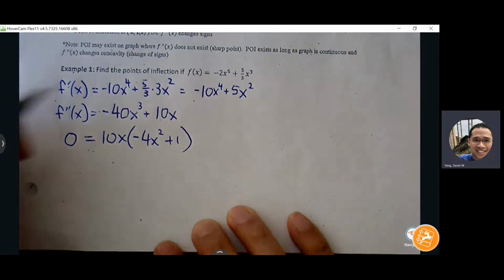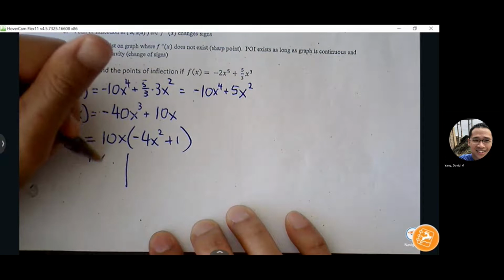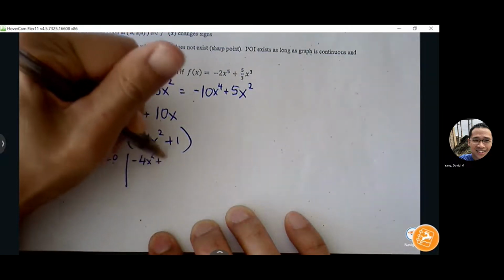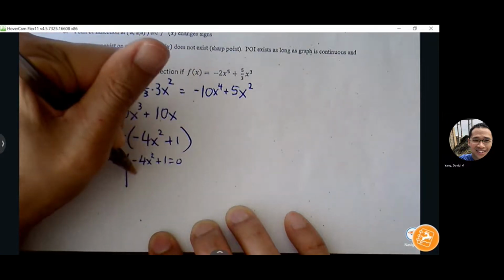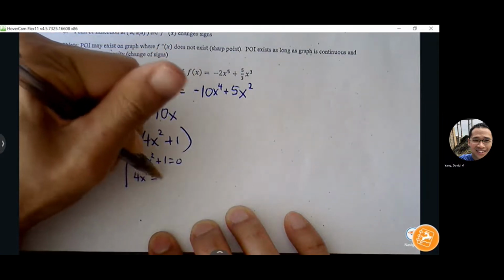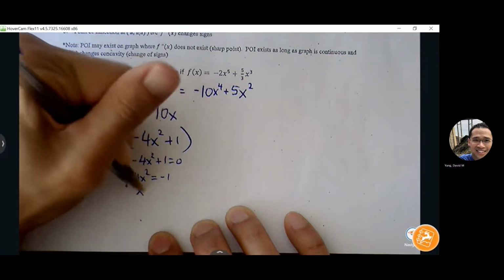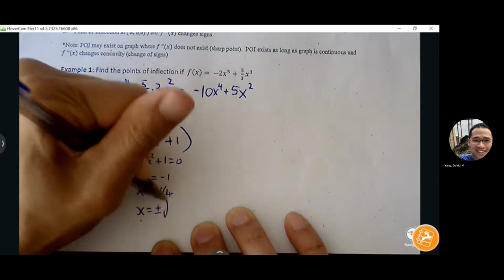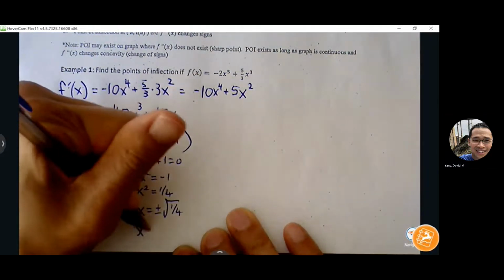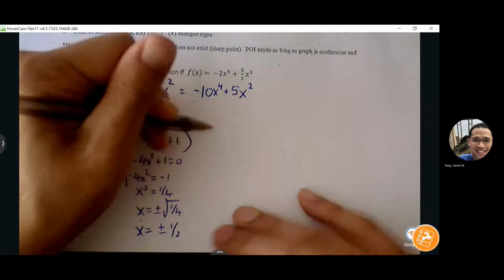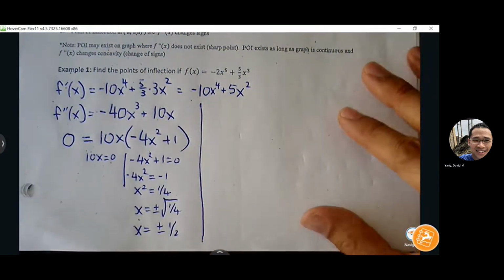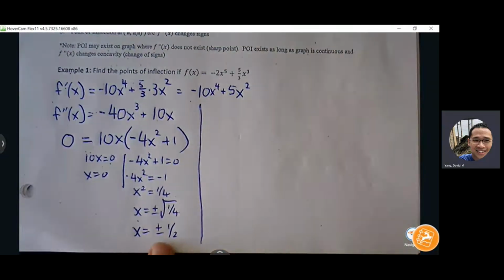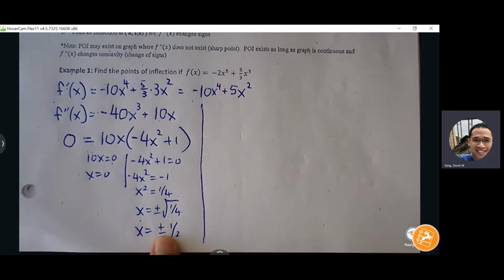And then find your critical points. Okay, we have 3 critical points: 0, negative 1/2, and positive 1/2.